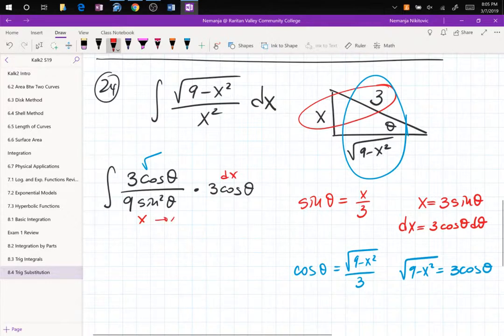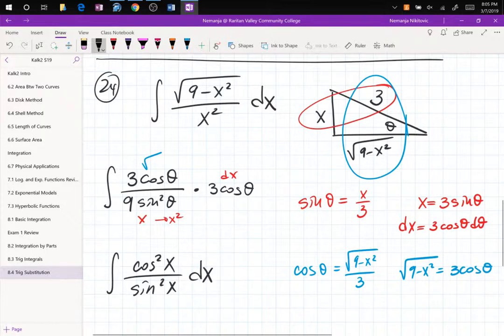The x turned into x squared when you square the thing. All right, does this help? So you just plug things in. Now, 3 times 3 is 9, divided by this is that. So this is cosine squared theta over sine squared theta d theta.